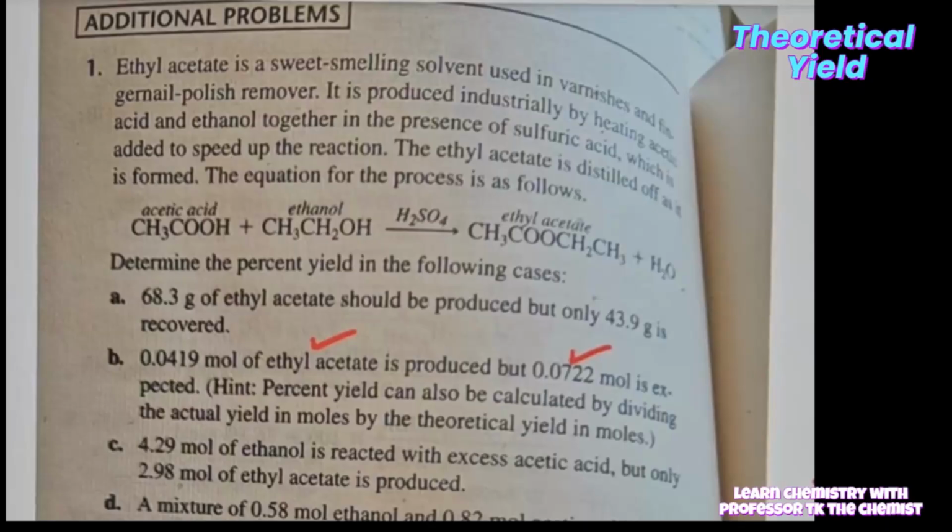So to get your percent yield, you're going to take the actual amount that was produced, 0.0419, and divide that by 0.0722, times 100.